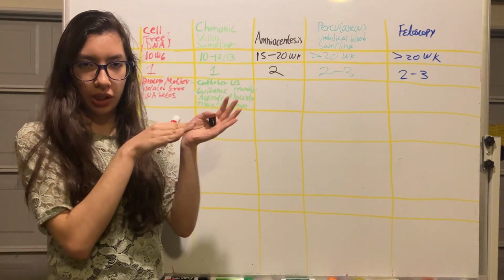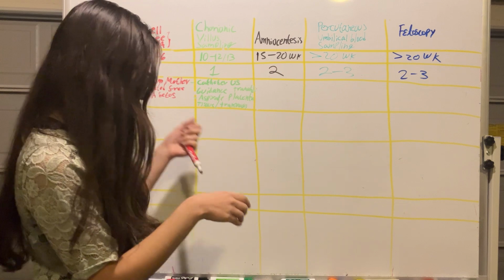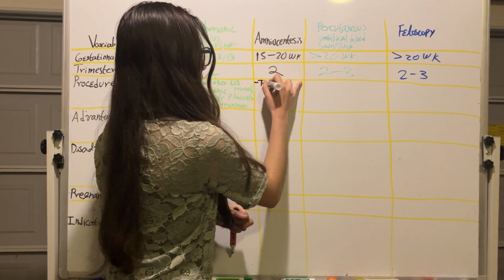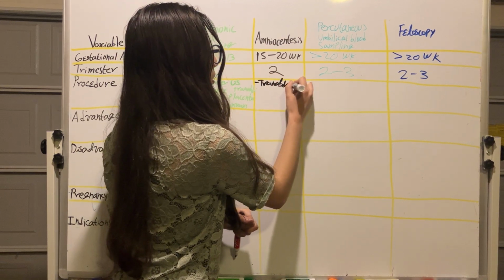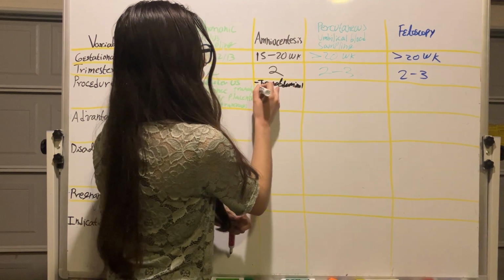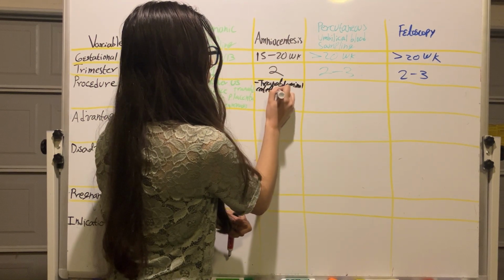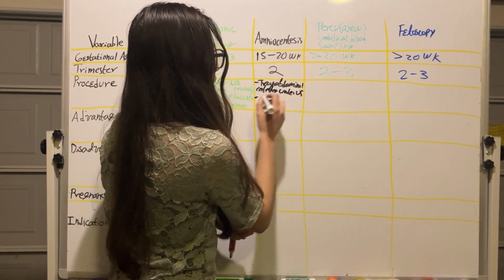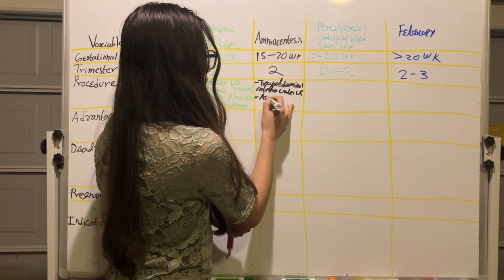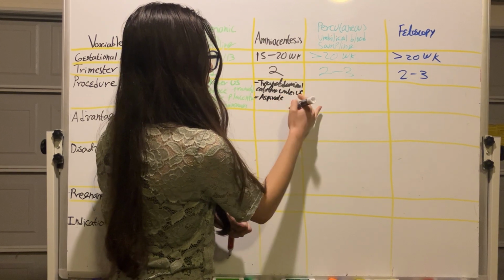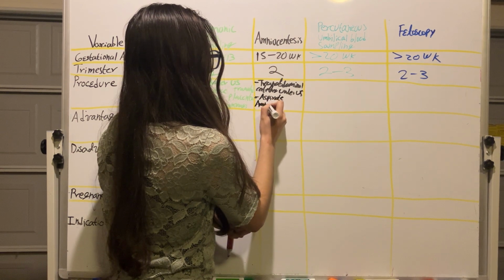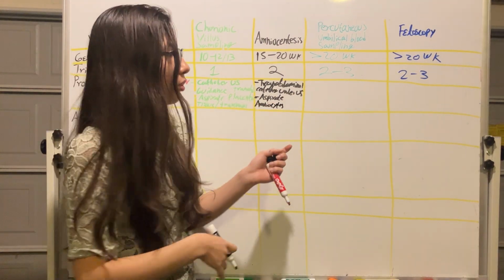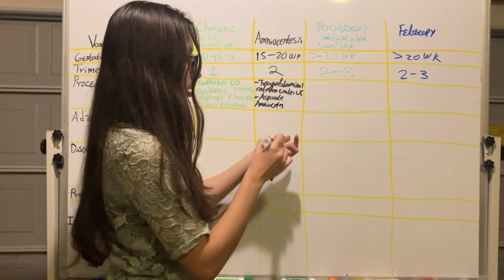The catheter does not enter the membranes, as opposed to amniocentesis, in which we insert a transabdominal catheter, again under US guidance, and here we are going to aspirate amniocytes, which are cells from the fetus that are hanging around in the amniotic fluid.